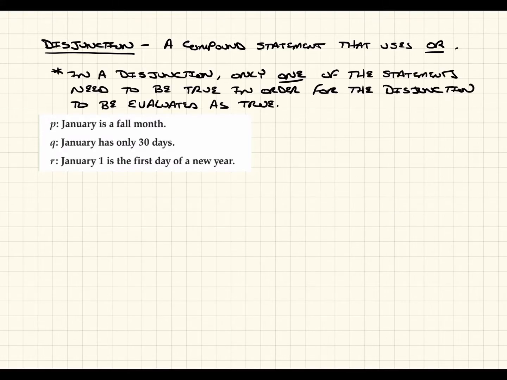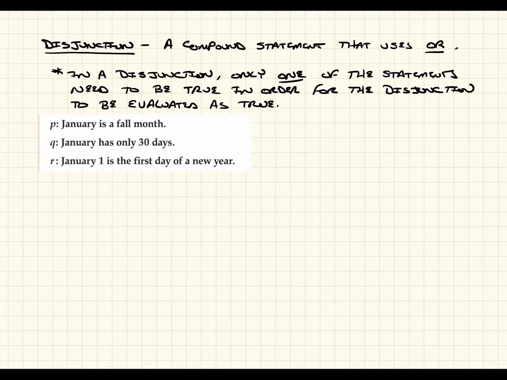In a disjunction, if we use the word or, only one half of the compound statement needs to be true in order for the entire disjunction to be true. So let's take a look at examples of that.